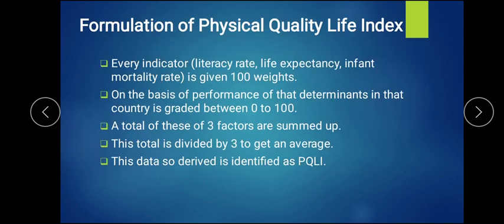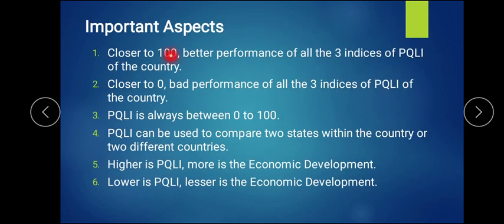Now how is it formulated? Each of these three is given a score out of 100, the total is taken and divided by 3, and the number derived is between 0 and 100. Whichever country comes near 100 has better performance than one closer to 0, which has bad performance.